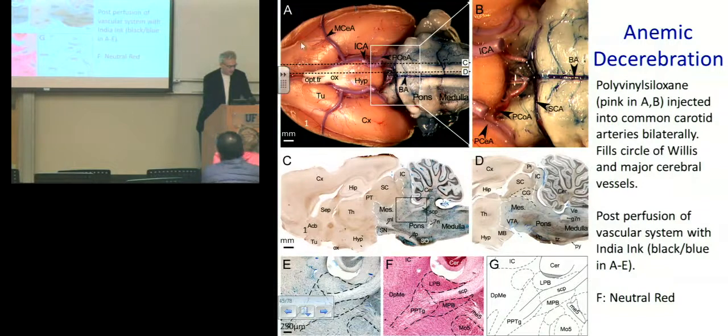So what are we looking at here? The top picture is the entire ventral surface after one of these experiments. The purpley pink bits are polyvinyl siloxane. ICA is the internal carotid artery; the middle cerebral artery and posterior cerebral artery are all filled with polyvinyl siloxane.